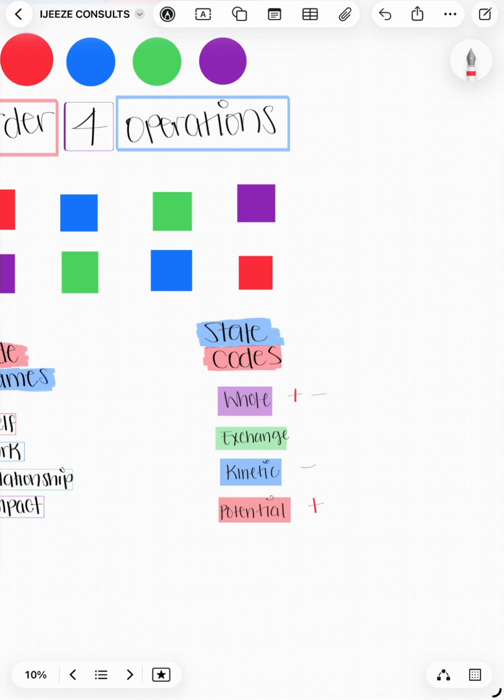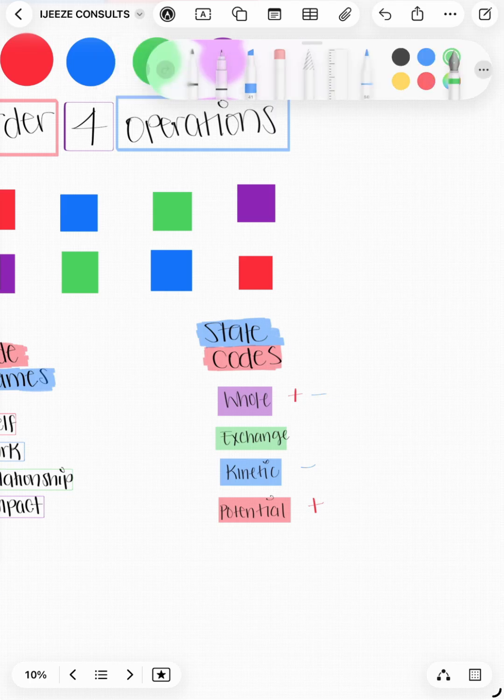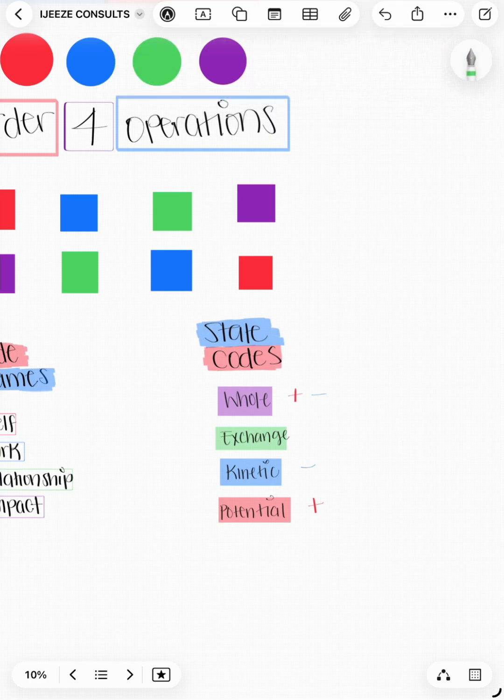But I hope that seeing it this way helps simplify things, but also systematizes things as well. Because the power of this model is that the brain responds to shapes and colors much faster than to abstract language.